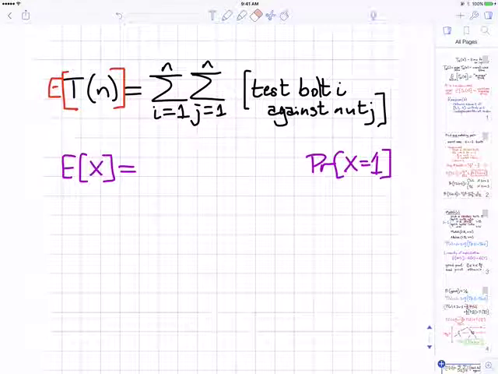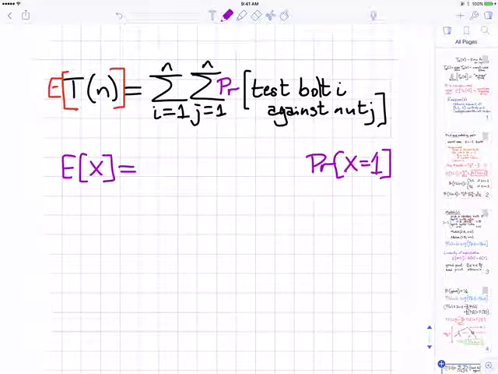So what I actually want to write here is the probability. Okay, so the expected running time of my algorithm is the sum over all nut-bolt pairs of the probability that I compare nut i against bolt j. Yeah, the other way around. Turns out not to matter.